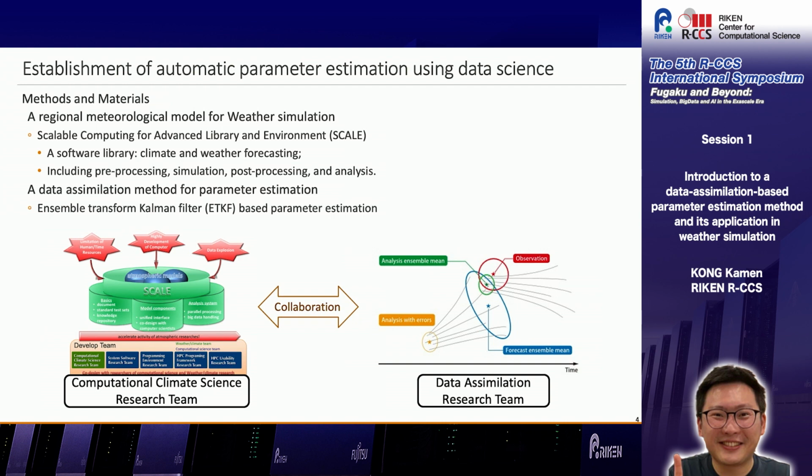This model is a library that can easily simulate climate and weather forecasting, including pre-processing, simulation, post-processing, and analysis. And for the parameter estimation, we use the ensemble transform Kalman filter in this system.